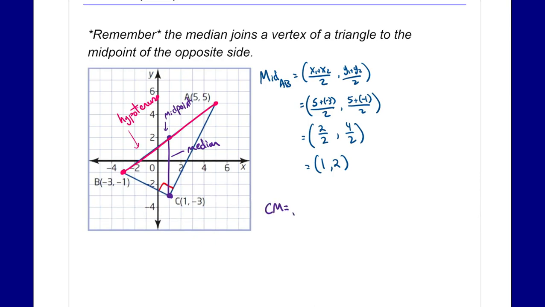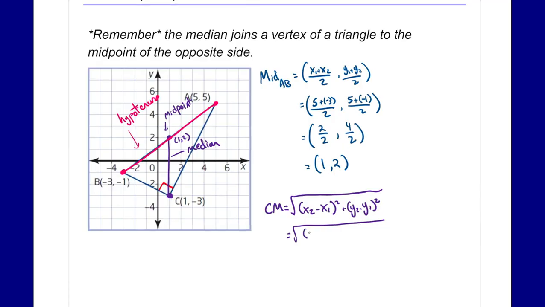So the length of the median, or CM, is the square root of x2 minus x1 squared plus y2 minus y1 squared, all under the square root. For x2, we'll have our point here of 1, 2.